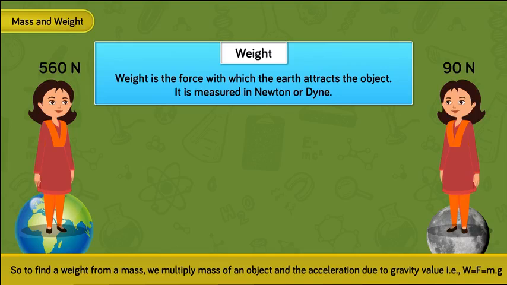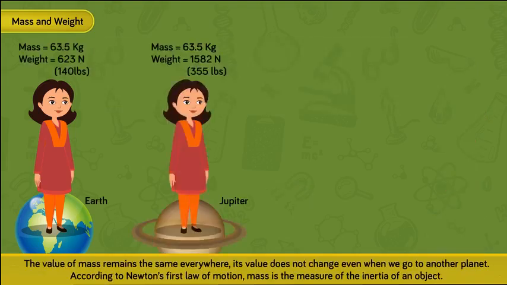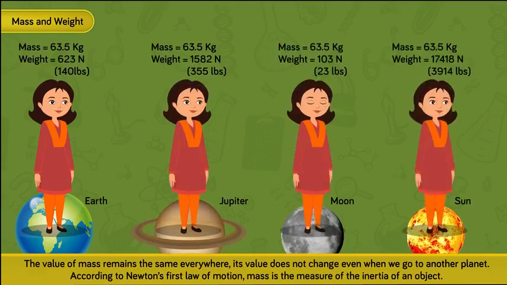So to find weight from mass, we multiply mass of an object and the acceleration due to gravity value, that is, W is equal to F is equal to m into g. The value of mass remains the same everywhere. Its value does not change even when we go to another planet.